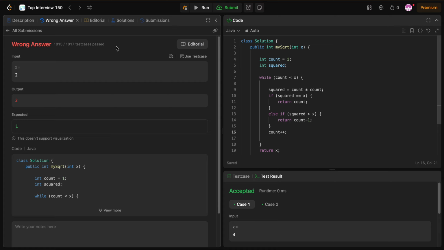Okay, well it should be doing 1 times 1 equals squared, which is smaller than 2. And then it should be going to 2, and it should be saying 2 times 2 equals 4.